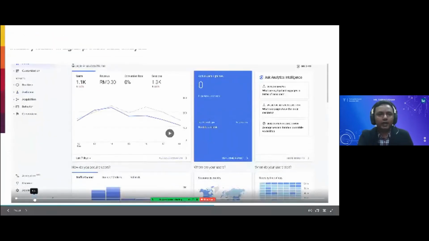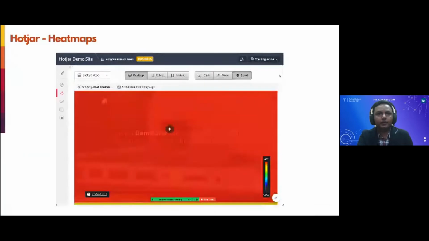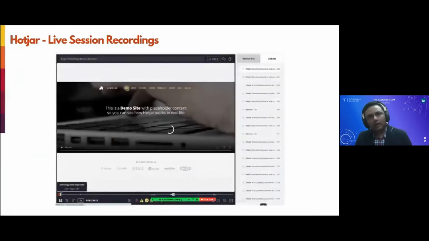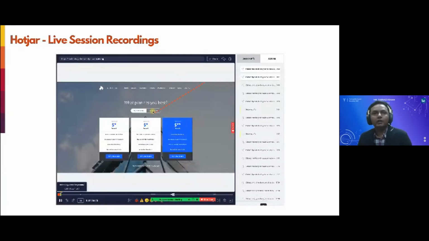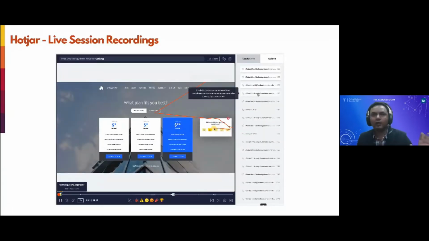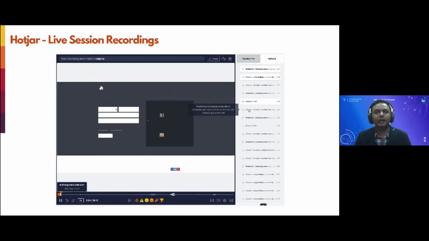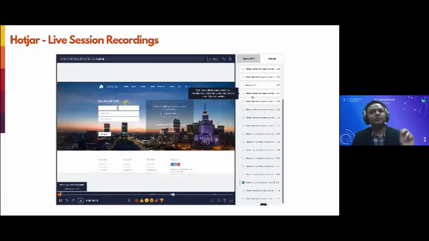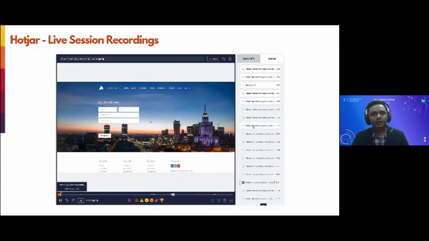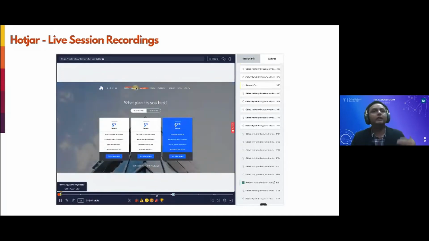Next tool that I would like to go deeper into is again Hotjar. They have a tool to do the live session recording. Now, this is one of the most powerful features that I have actually come across. And over the years of development, this kind of feature has always helped us to deliver better user experience.